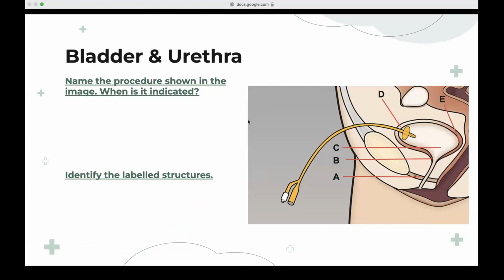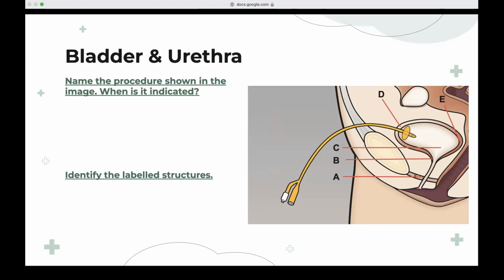Suprapubic catheterization. Exactly, and do you know when it's done? When there's enlargement, to visualize the posterior side of the bladder? That's not quite it, it's to remove urine.